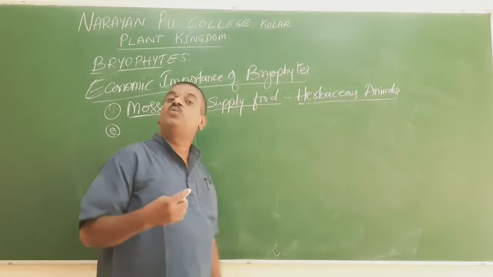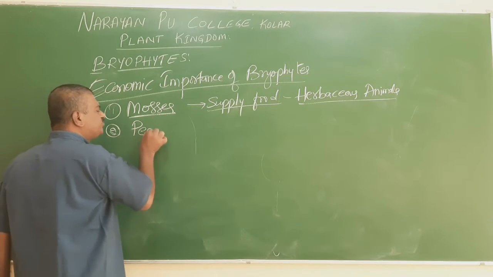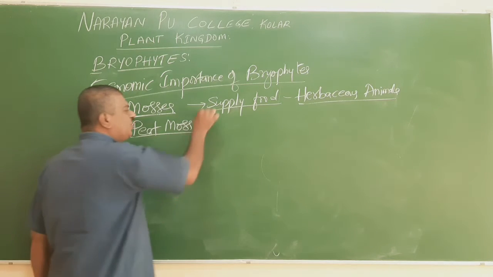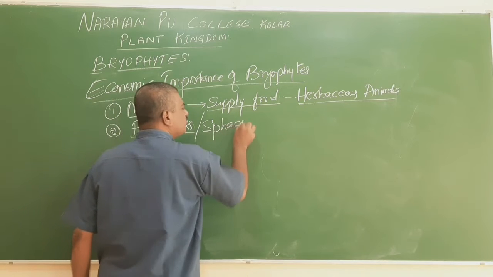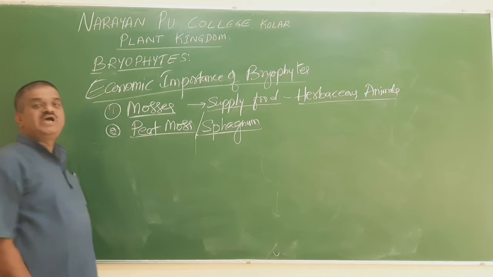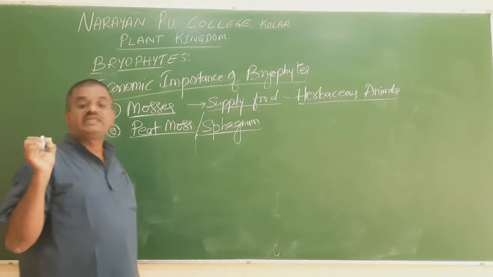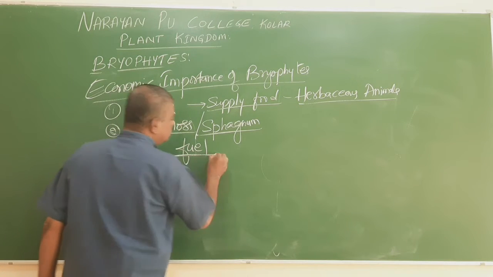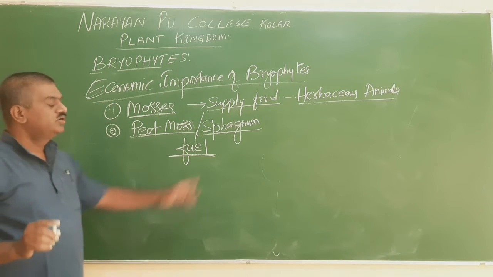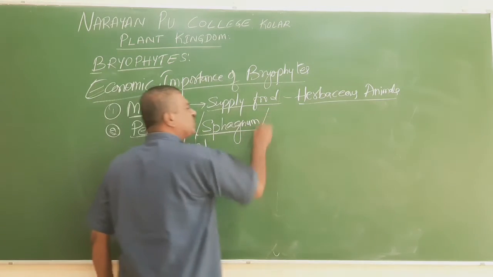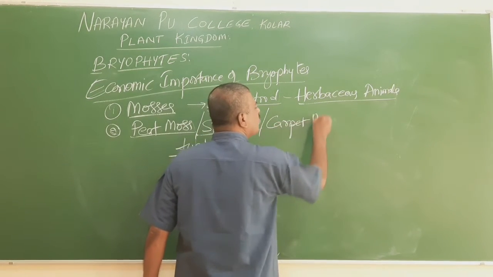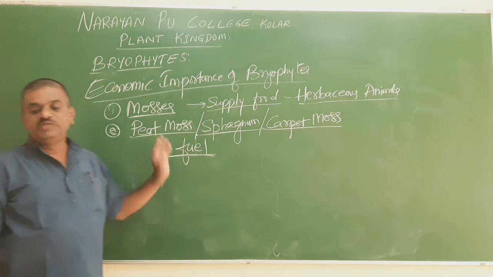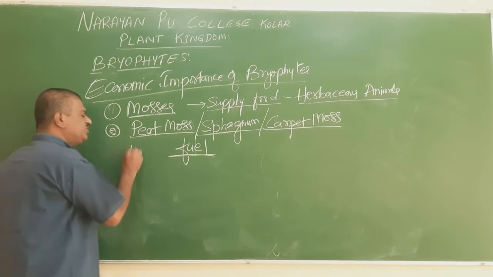So when we go for the other one called peat moss. Peat moss is also called sphagnum. This peat moss or sphagnum is also called carpet moss. It is used as a fluid.